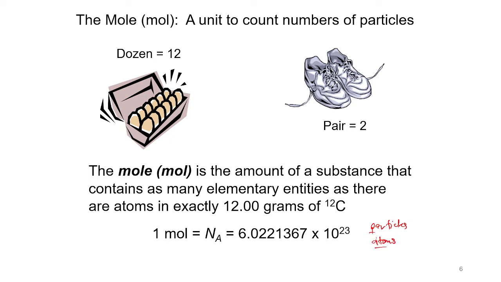So that is how we account for the mole. And this number actually has a name, Avogadro's number, wherein it states that for every mole of any element or any molecule, there are 6.0221367 times 10 raised to 23 particles, molecules, or atoms. Okay?